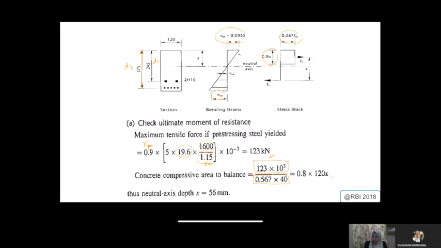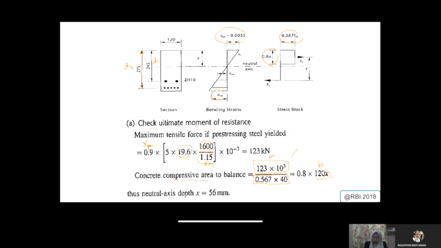This is the area, where 0.8 is here, and 120 is actually your B, multiplied with this x. This is the x value that you use. The compressive area to balance is just to get your x.